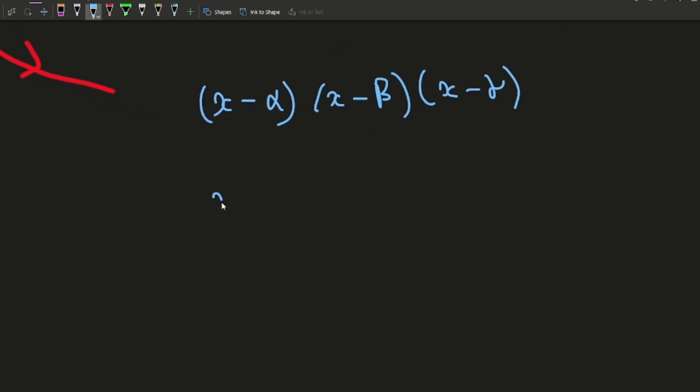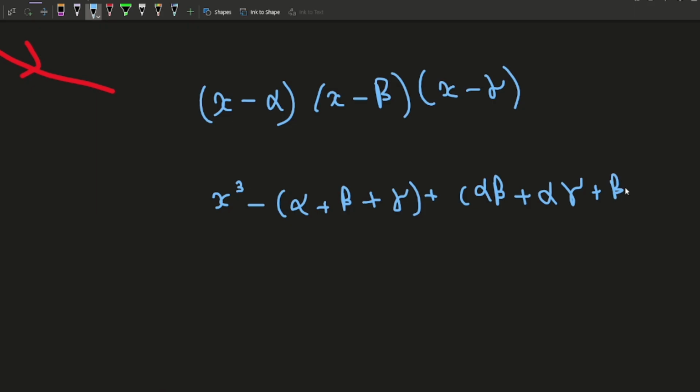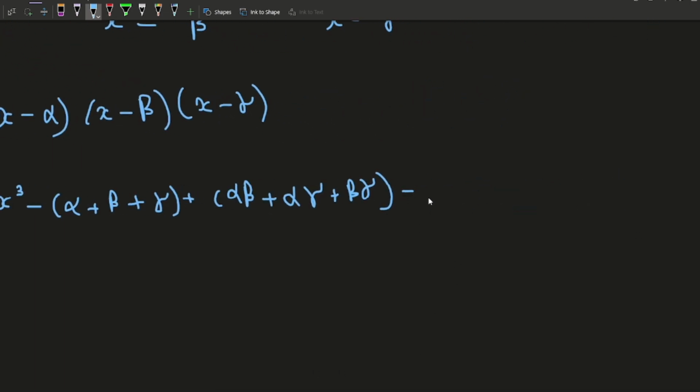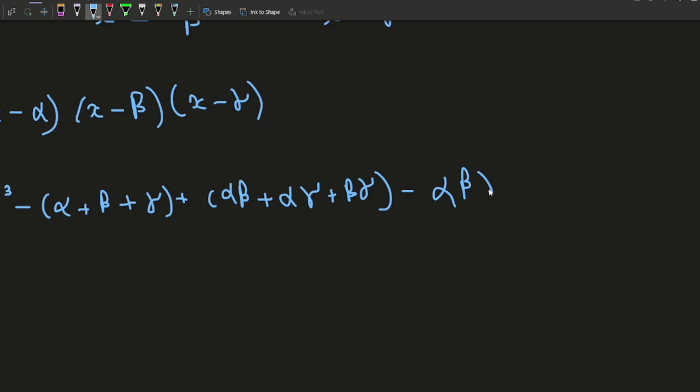We will get x cubed minus (alpha plus beta plus gamma) x squared plus (alpha beta plus alpha gamma plus beta gamma) x, and then minus alpha beta gamma.